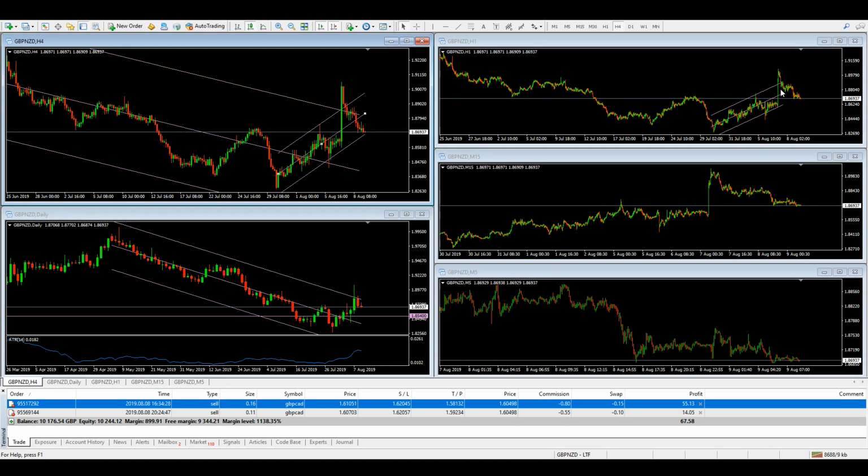So we do want to see it, and also if we look at the hourly, it's still making higher highs, higher lows. So it would need to break this horizontal support, so break out of this standard deviation channel if you like, which would give context to the price moving in this downward channel here.